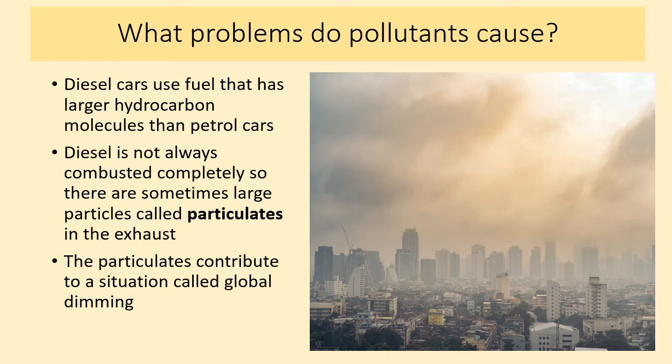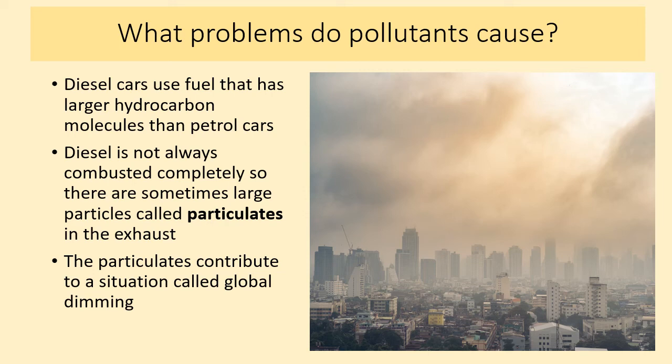We also have diesel cars, so two main different types of engines, petrol and diesel cars. Now diesel cars use diesel fuel as opposed to petrol, and diesel has larger hydrocarbon molecules, so the hydrocarbon molecules are longer than the petrol fuel.